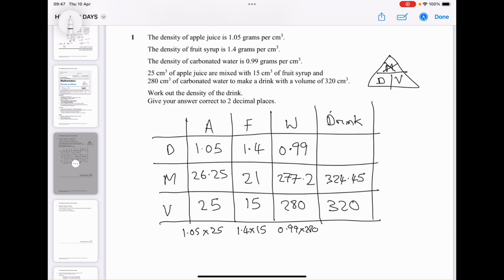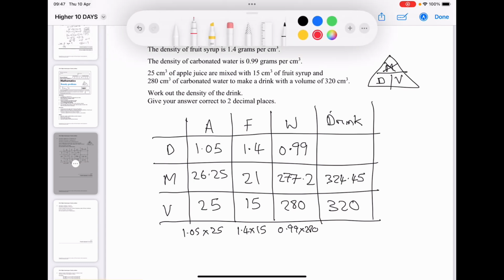So the density, density is mass over volume, and in this case it's 324.45 divided by 320, which is 1.013, which is 1.01.